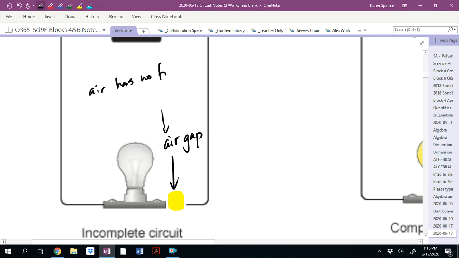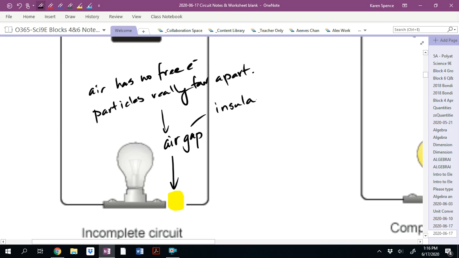Not only that, the particles, the atoms and molecules, are really far apart from one another. So it is a totally good insulator. It is a terrible conductor. So the air gap is an insulator. Its resistivity is very, very high. Ooh, look at that. We brought in last week's stuff. So this is an incomplete circuit, and you'll notice the bulb is off.